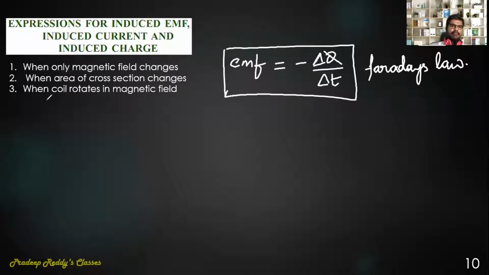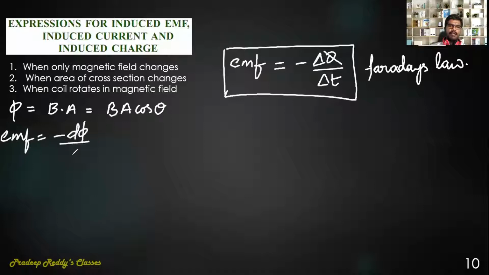And we have already learned magnetic flux phi is equal to B dot A, or you can write it as BA cos theta. So as we know, EMF developed is equal to minus d phi divided by dt. Phi is equal to BA cos theta.